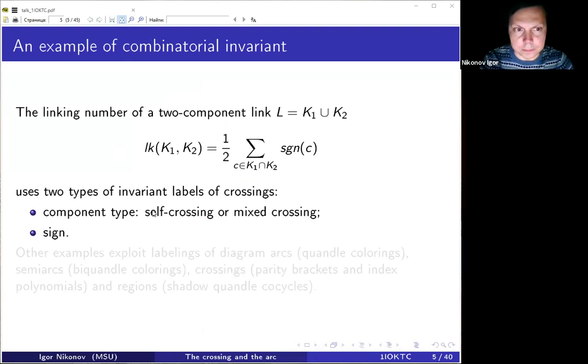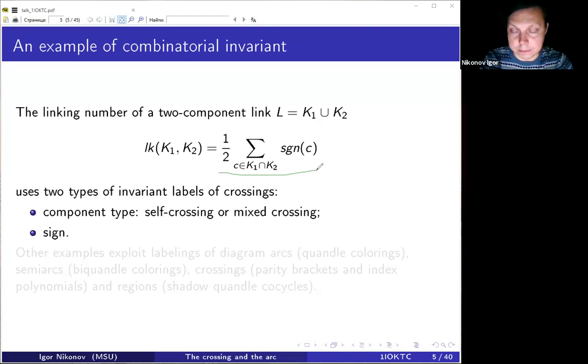Let us consider a typical combinatorial invariant called the linking number. So we take a two-component link, and then just take the sum of the signs of its crossings, but not of all crossings, only of those crossings which are intersection points of two different components. So if you look at the formula of the linking number, you will see that it uses two types of labels of crossings.